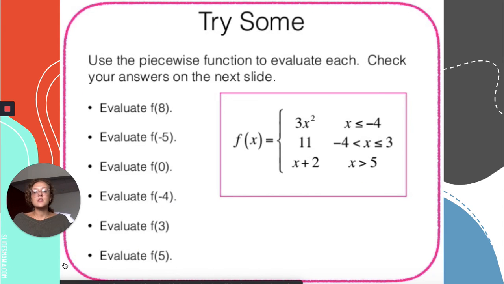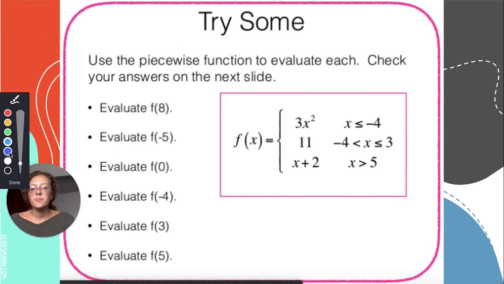All right, so let's try some. I don't know if we'll do all of these. We'll do some. Okay, so f of 8. That means, if I have f of 8, that means that x equals 8. Right? F of 8 means that x equals 8. So I need to go through each of my domains and figure out where it falls.